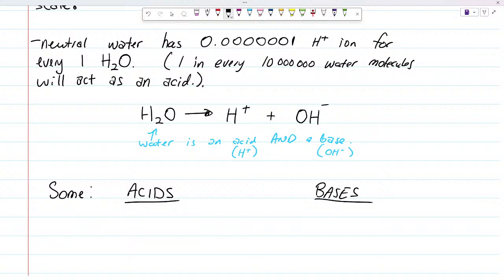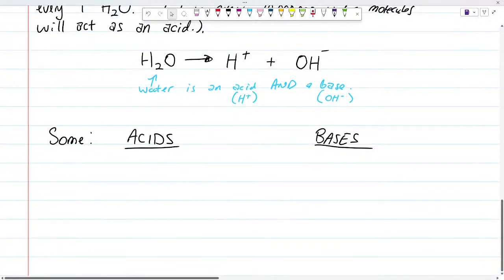So not helium, but no, nitrogen needs 1, 2, 3 electrons. Sorry? True, but that would be hydrogen gas, and that actually doesn't act as an acid or a base. That's a good guess. What else? Sorry? Fluorine wants 1. What else wants 1? Chlorine. What else? Bromine. What else? Iodine. And then astatine. We're not going to worry about astatine.